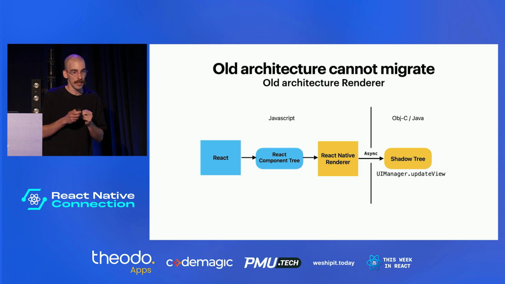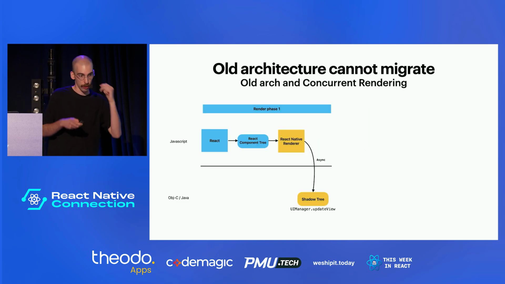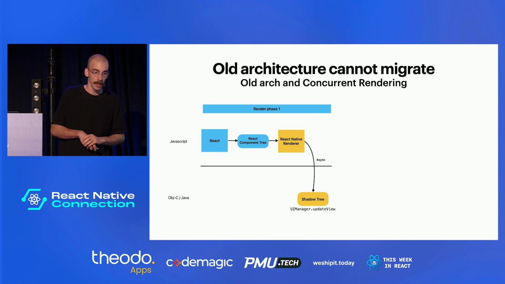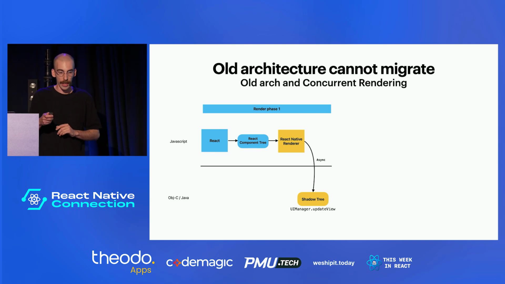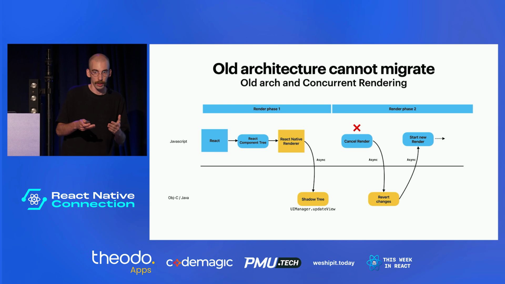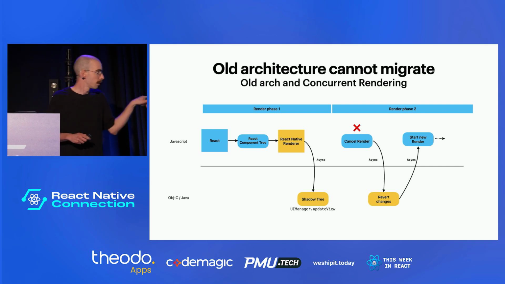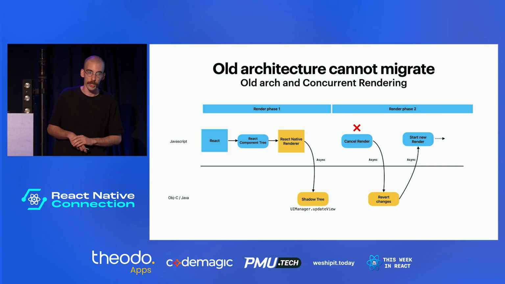Now let's try to imagine how concurrent renderers and the old architecture would work together. Let's say I have a first render phase, and I start building the shadow tree asynchronously. And then a more important update comes in. What I would have to do at that point is asynchronously tell my native side to revert all the changes.